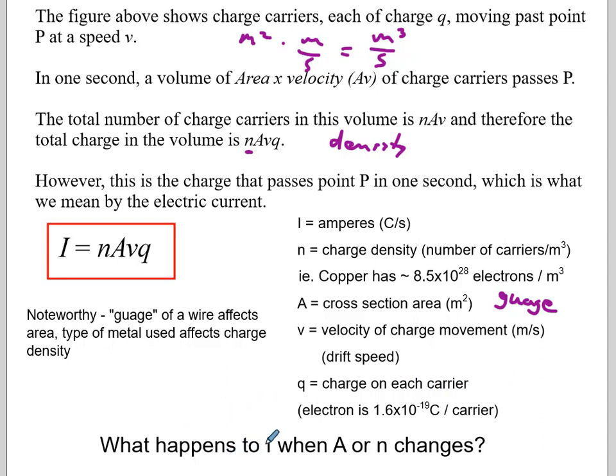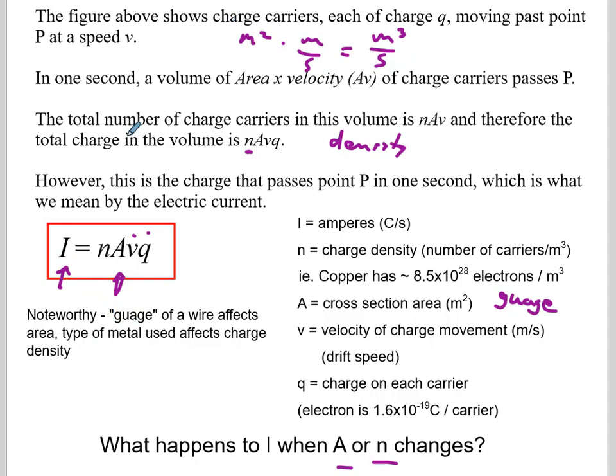So what happens to the current when A or N changes? So we can sort of lock Q in place for now. We can kind of lock V in place for now. That's the drift speed. Those don't vary that greatly. Okay, so let's just lock those in. So if we said the cross-sectional area increased, that would mean my current carrying capacity also increases to match it.